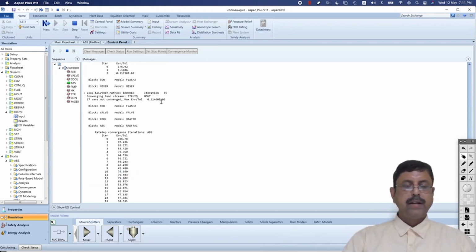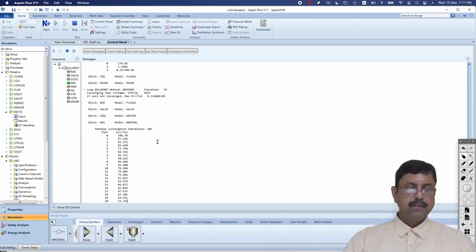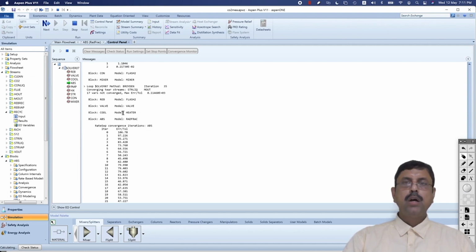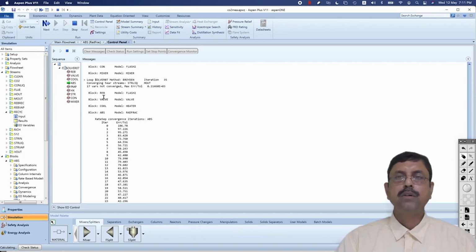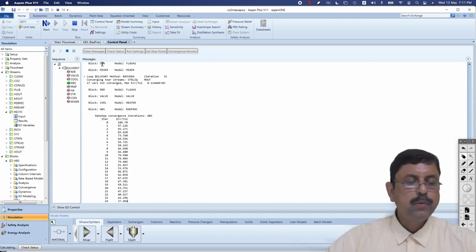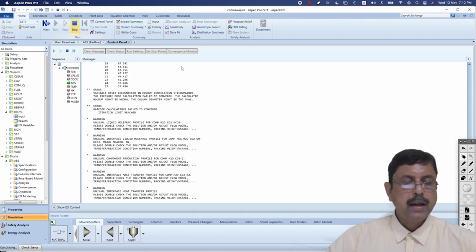So we have waited up to 35 iterations, and there is no sign that it will come to a convergence very soon. Still, we are hovering around 17 variables which are not converged. So what we will do, we will stop over here and take some other strategy.